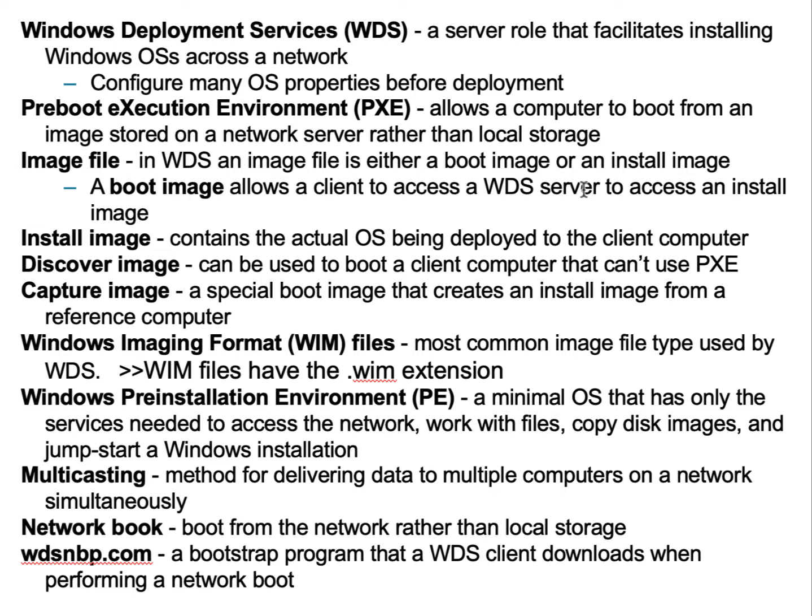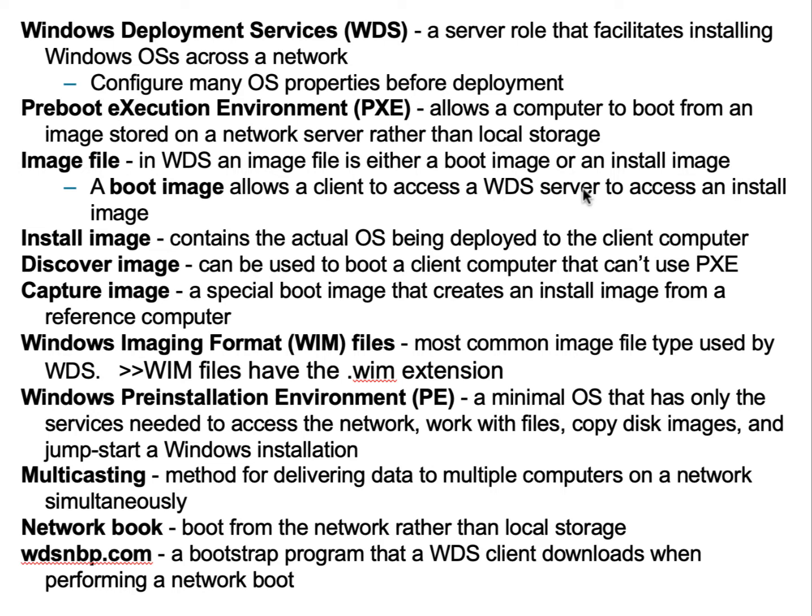Windows Pre-installation Environment, or PE, is a minimal operating system that has only the services needed to access the network, work with the files, copy disk images, and jumpstart the Windows installation.